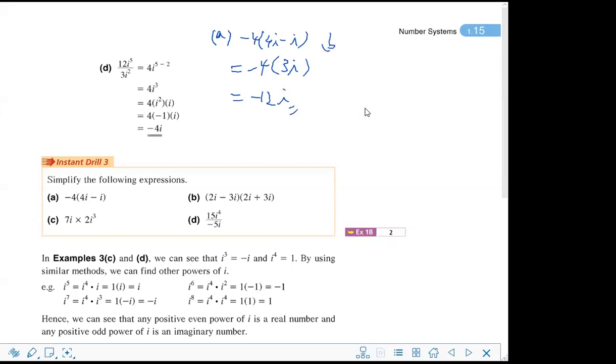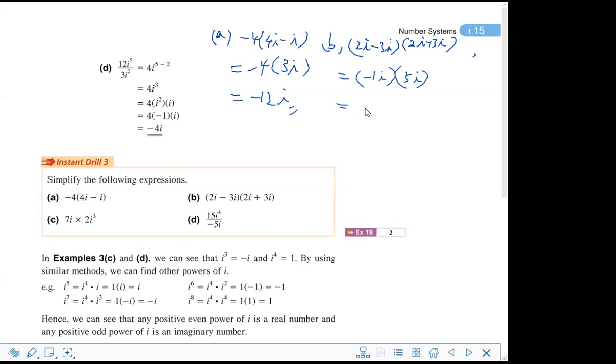And then part B, also the same. We have (2i minus 3i) times (2i plus 3i). Because in the first bracket, we see that 2i and 3i are like terms, so they can be calculated. It becomes -1i or just -i. And then 2i plus 3i will be 5i.